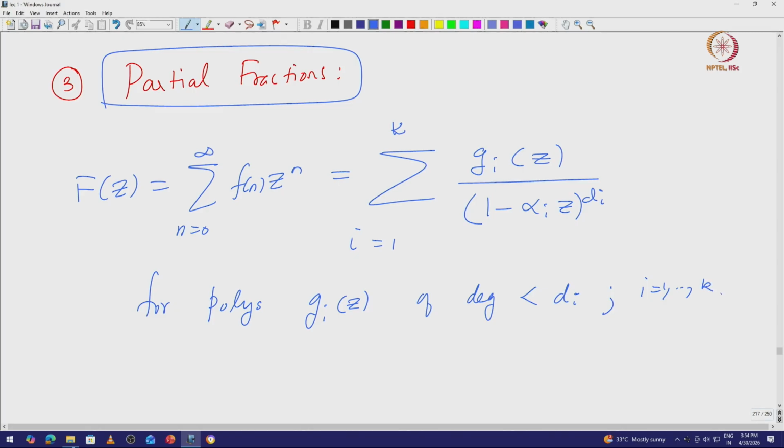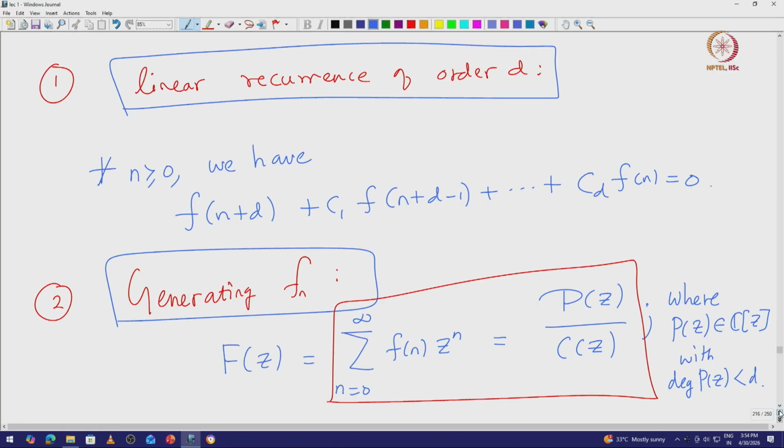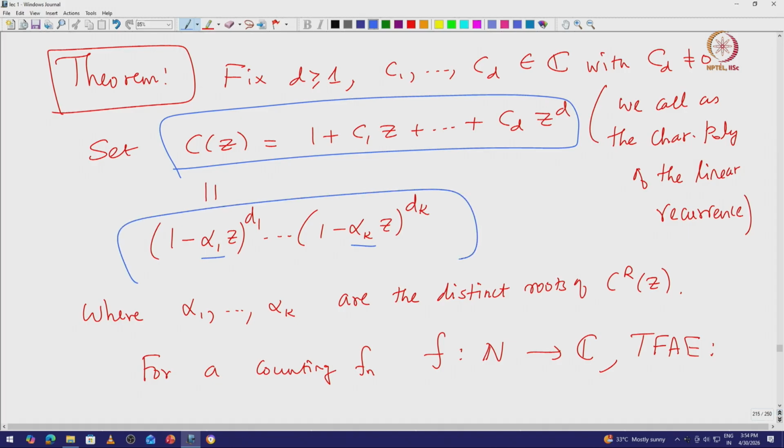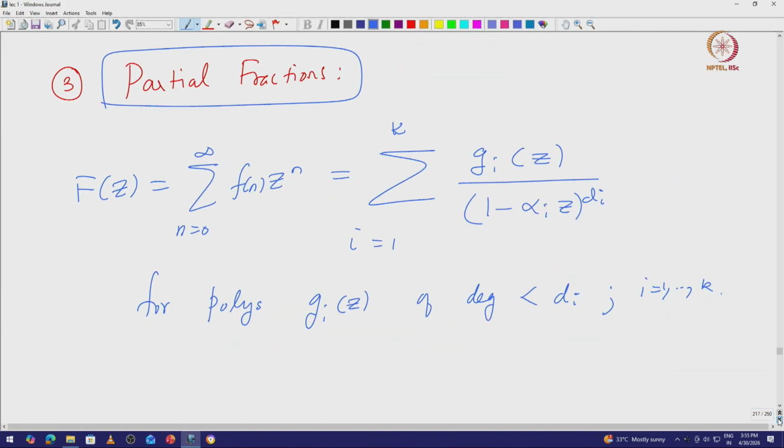So, basically you rewrite this p of z divided by c of z using the partial fractions method. c of z you can write as a product of these terms. Now, using partial fractions you can guarantee that this will be a sum of rational functions whose numerators will have these degree restrictions.